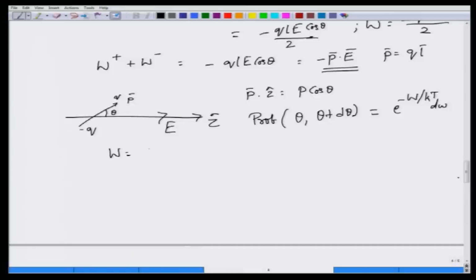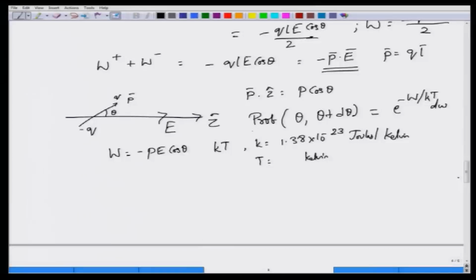W is of course minus P E cos theta, okay, and K into T is the thermal energy, where K is 1.38 into 10 to the power minus 23 joules per Kelvin, and T of course is the temperature measured in Kelvin, giving you kT as thermal energy, okay.